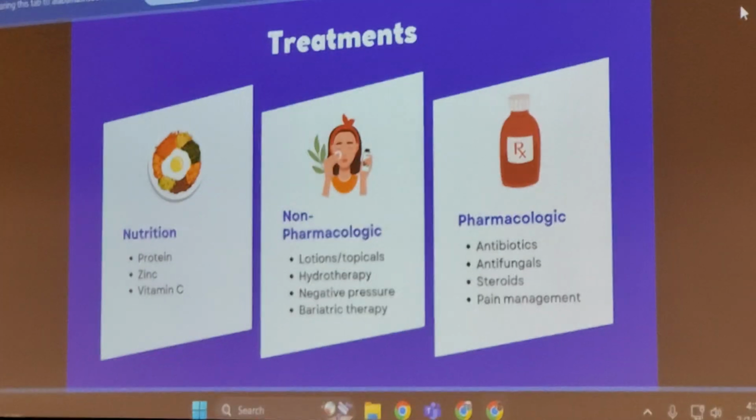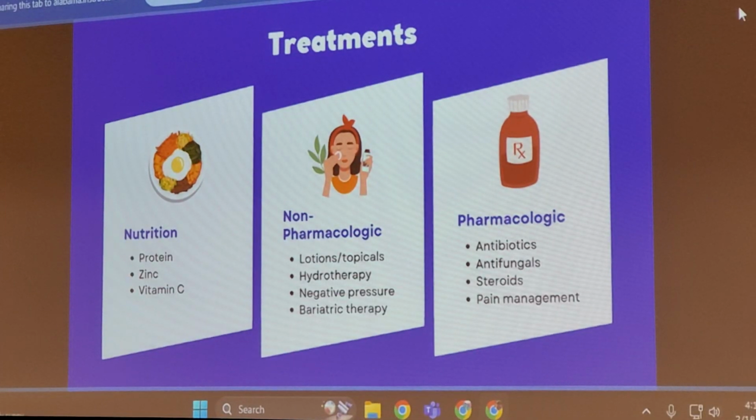All right, so for the treatments that we can do, nutrition is our biggest component that we're gonna provide. Making sure that if they have skin problems, we boost protein. And then our other two that we like here are zinc and vitamin C, because those are great for cell growth and cell replication. That's their function.